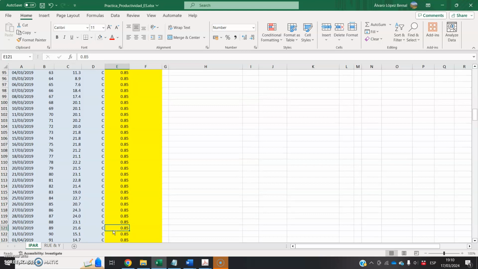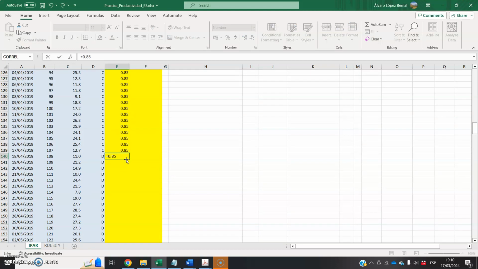The same goes with stage D. In this case, we have to interpolate between 0.85 and 0.05. Here we start from 0.85, and each day we will be reducing this amount by 0.85 minus 0.05 divided by the number of days in stage D, which is 34.